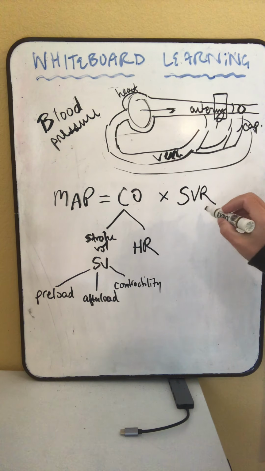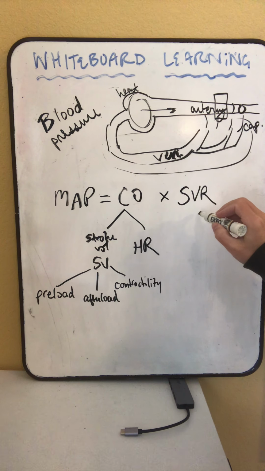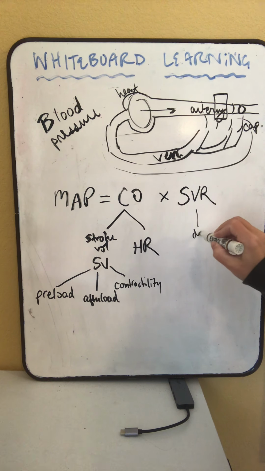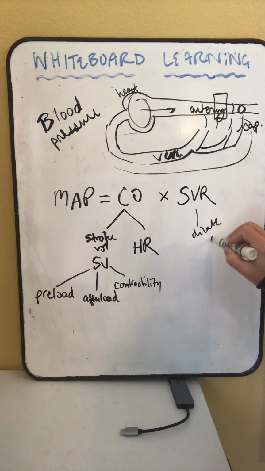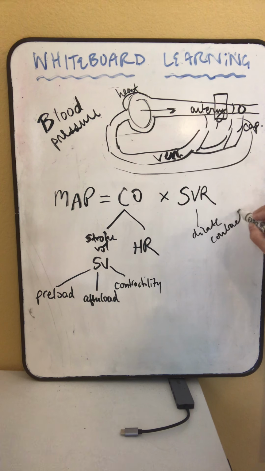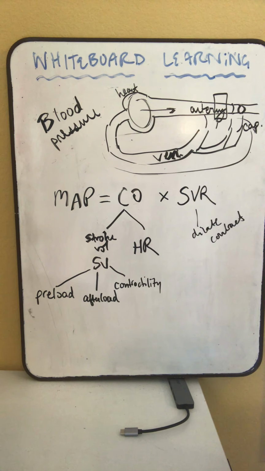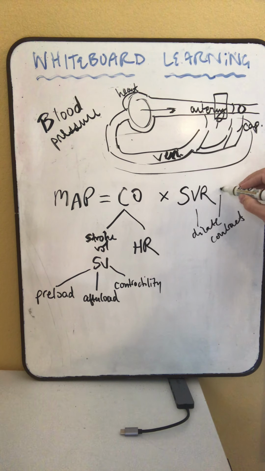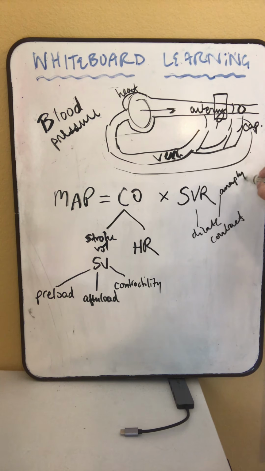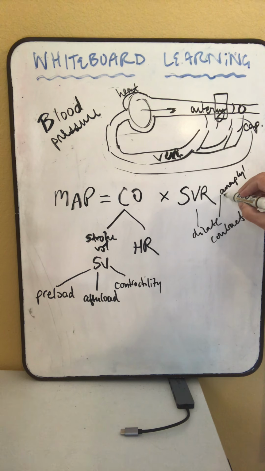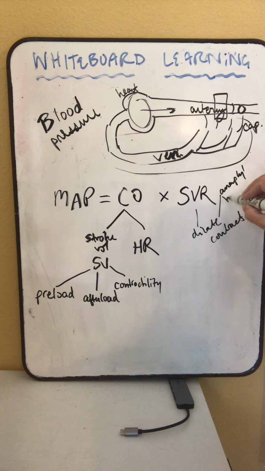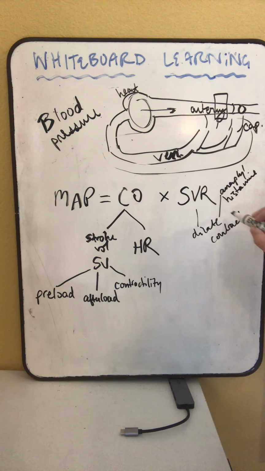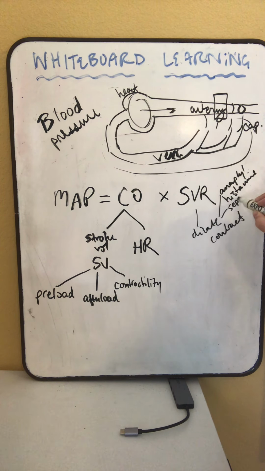Then how do you affect systemic vascular resistance? Well, you can either dilate or contract, right? Let's talk about things that affect these systems. Dilating might be, say, anaphylaxis or a drug reaction, some sort of histamine release from mast cells. You could also have sepsis do that.